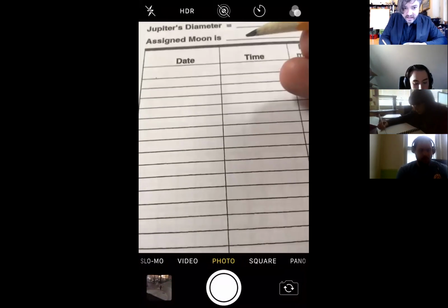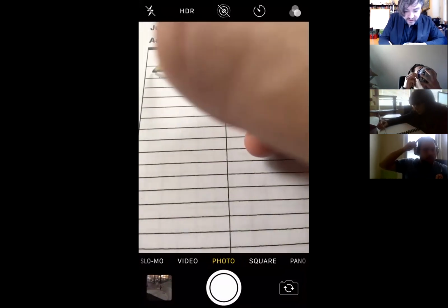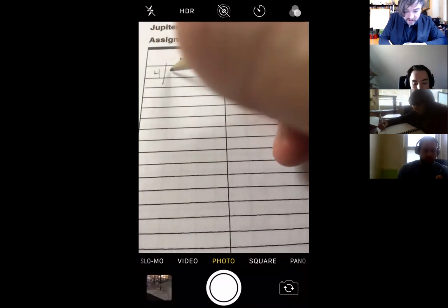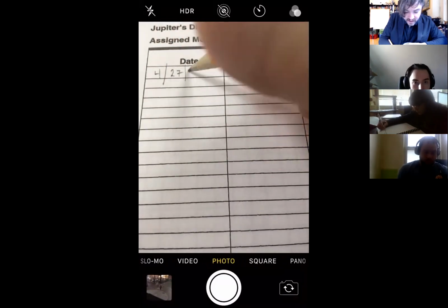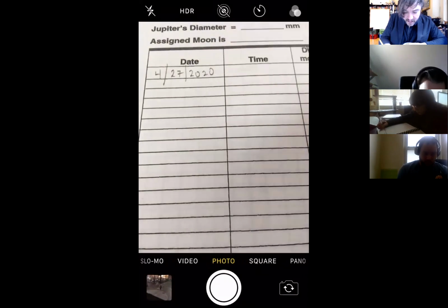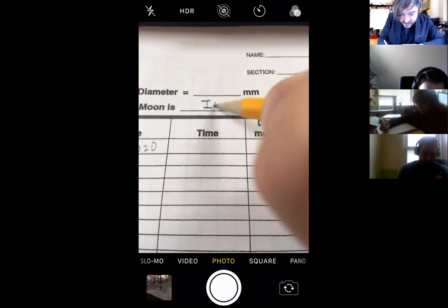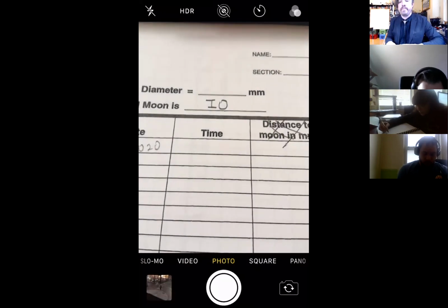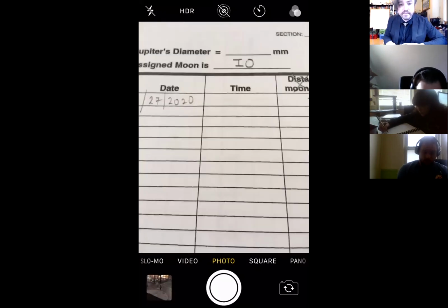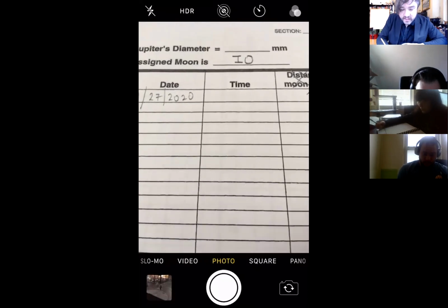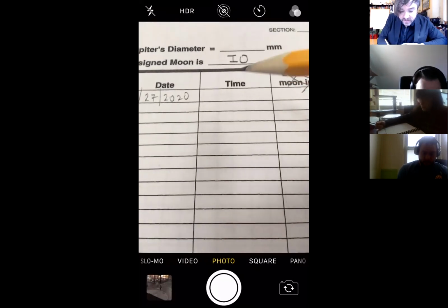Now we're going to start at today's date, which is 4/27/2020. And our assigned moon that we're going to choose for simplicity is the moon Io. We are going to use a time interval of 2 hours.